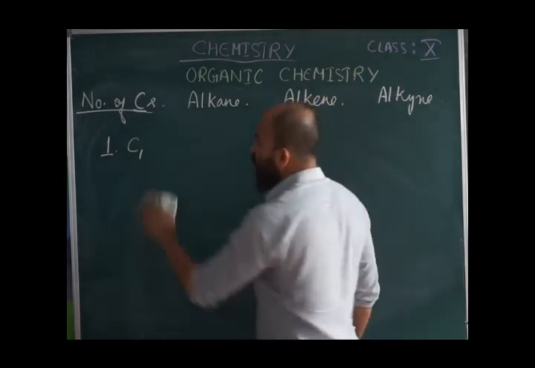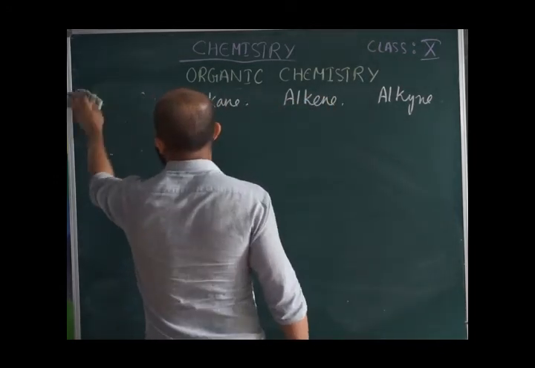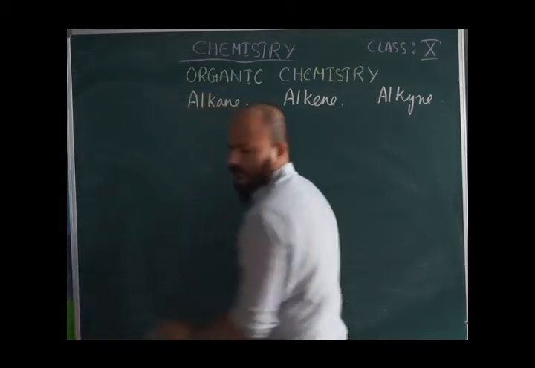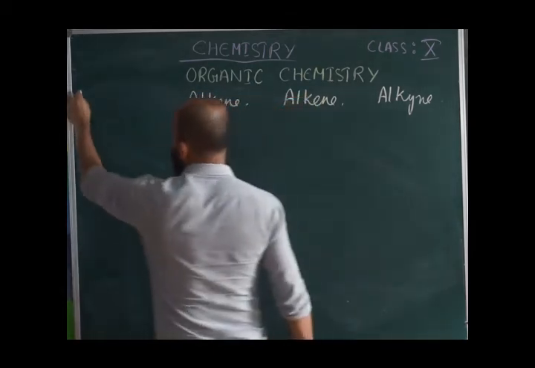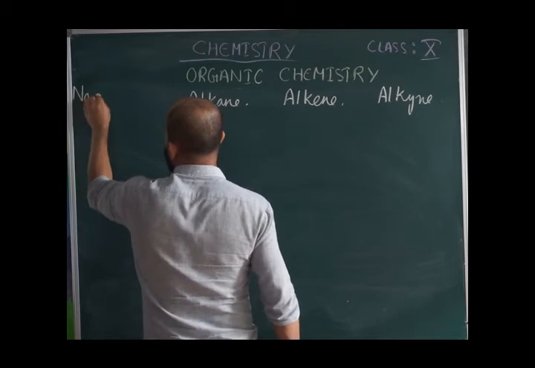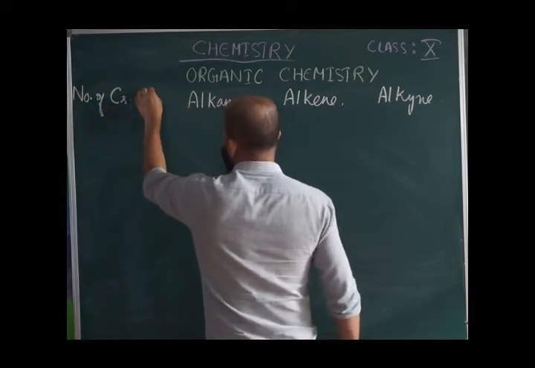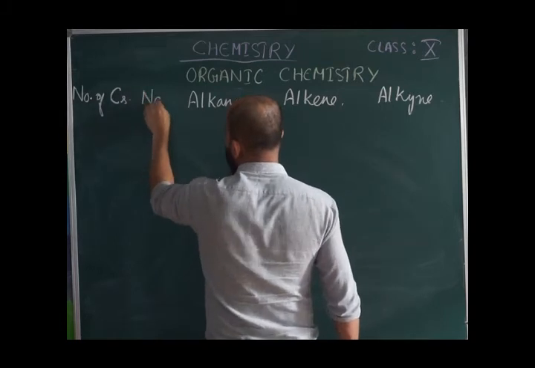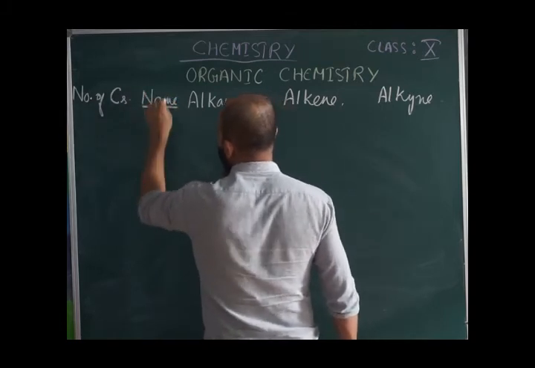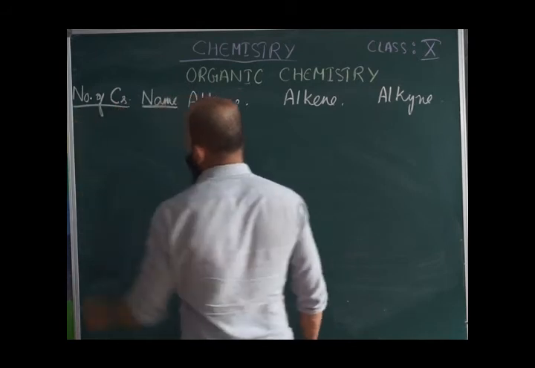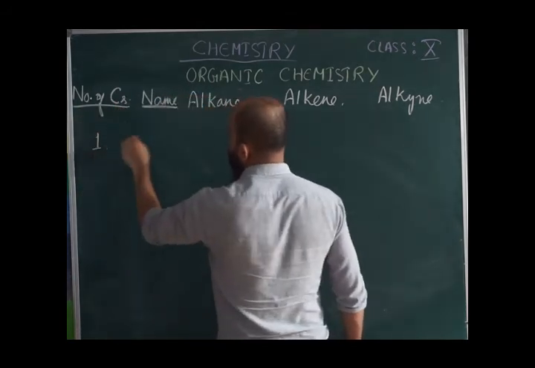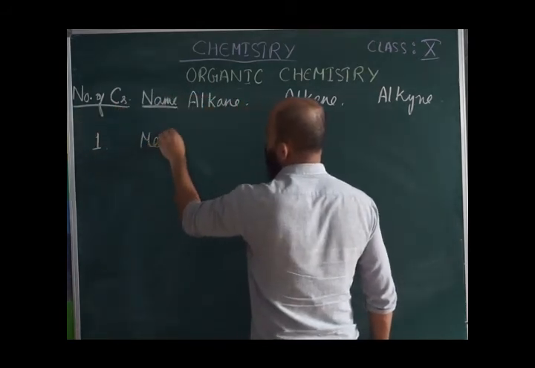So one more column would make it easier. Number of carbon atoms here, and here the starting name. Okay, so if you have one carbon atom, then its name starts with meth.